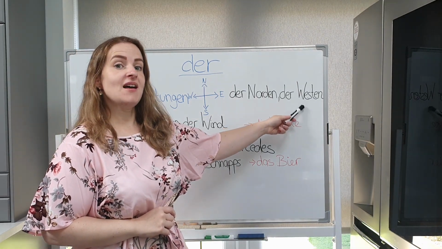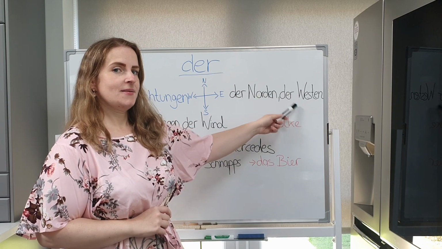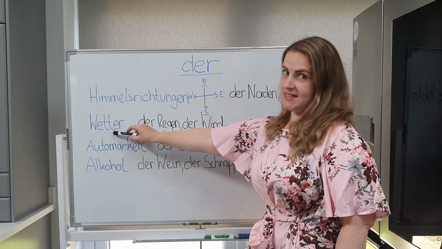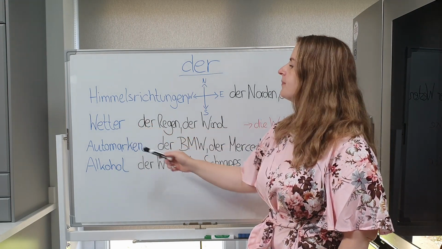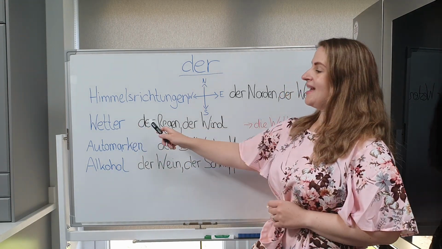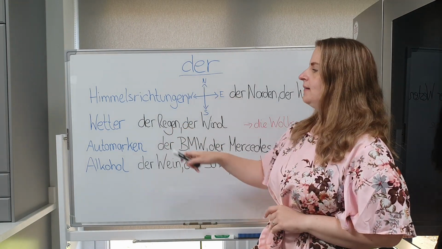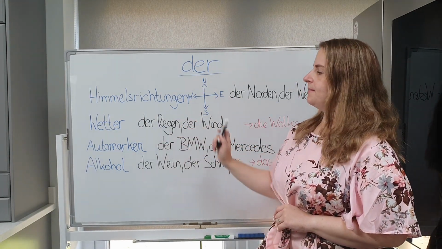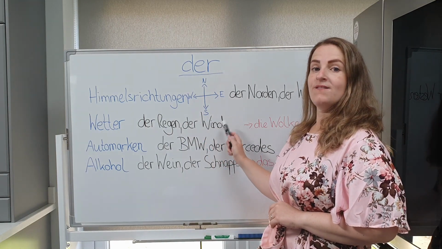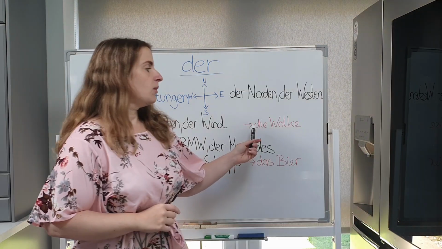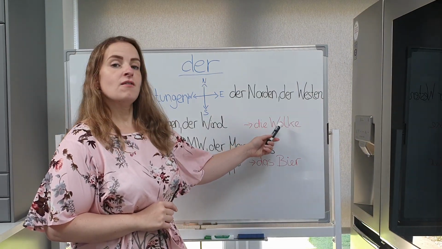Der Westen, the west. We also use it when we talk about the weather. Wetter, weather. We will say der Regen, rain. Der Wind, the wind. But guys, watch out, because we would say die Wolke.